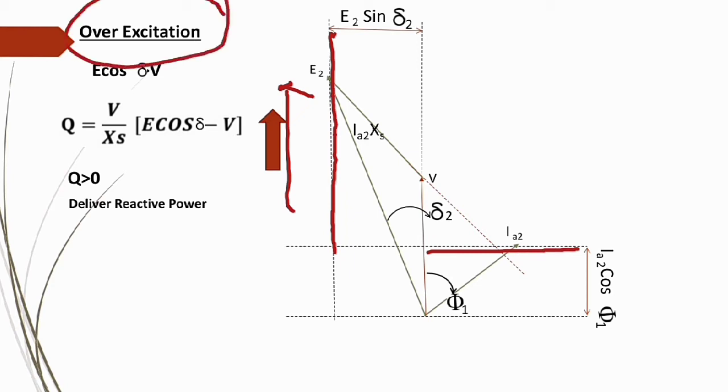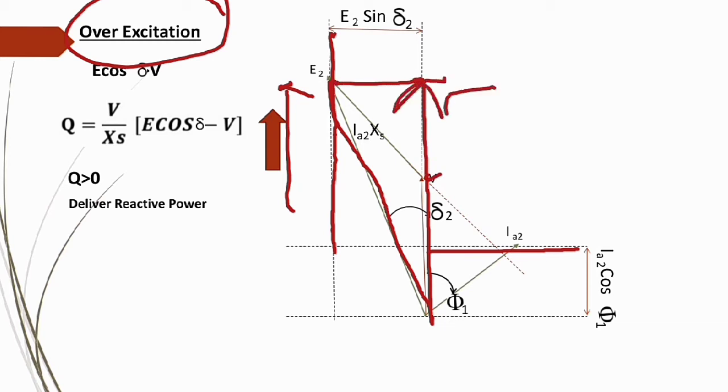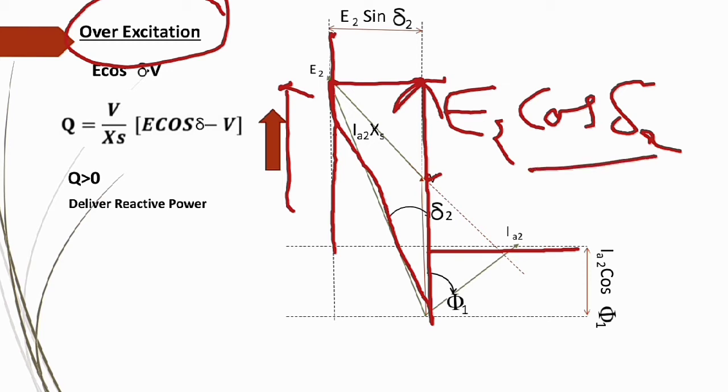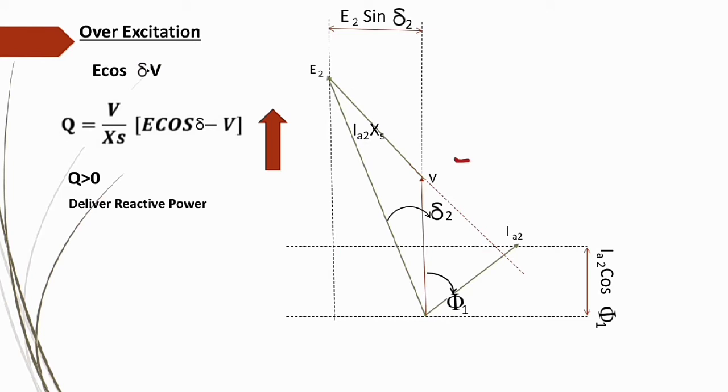Why is it over excitation? Because here is E2, this one is E2. So E2 cos del 2, the value of E2 cos del 2 is this one. This one is called the E2 cos del 2, and this value is greater than V. You will see again, I just draw it clearly.